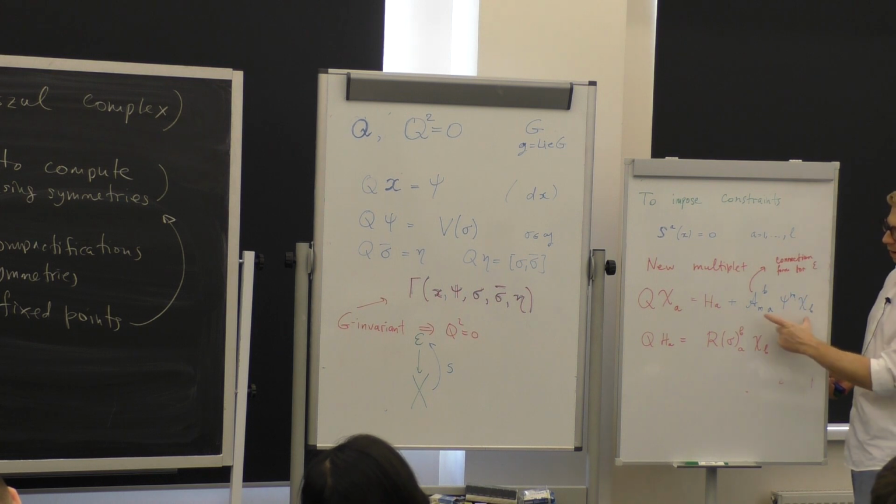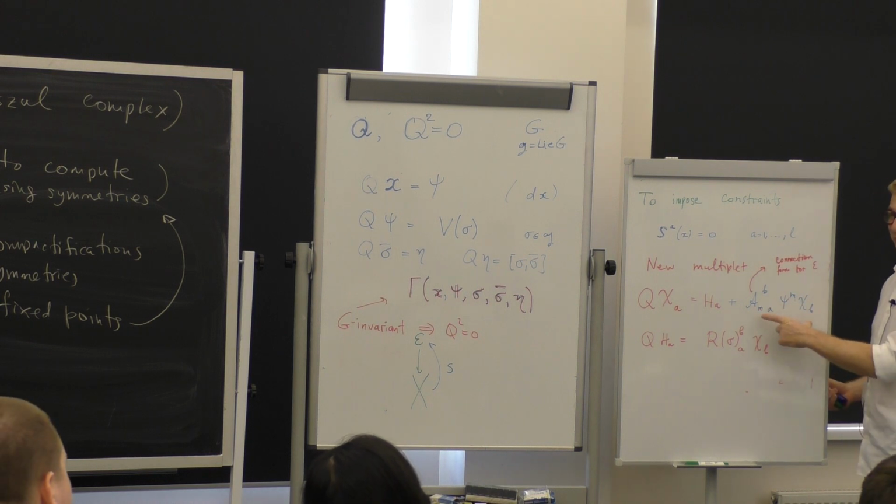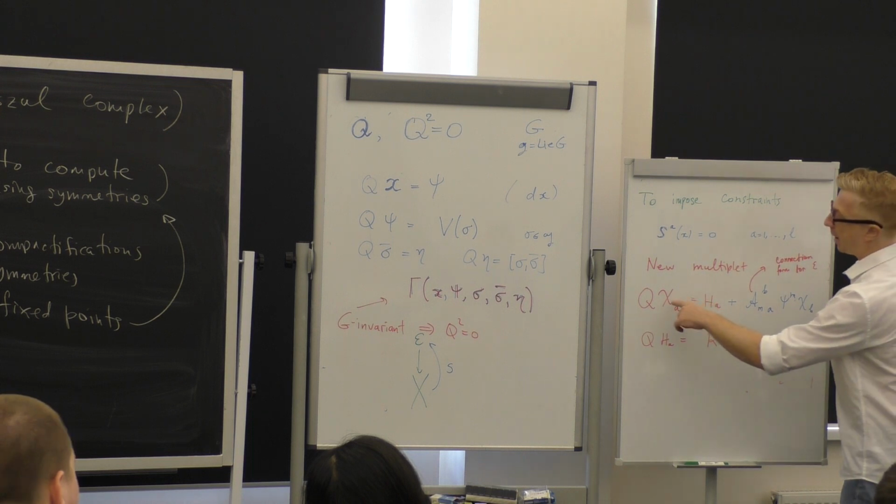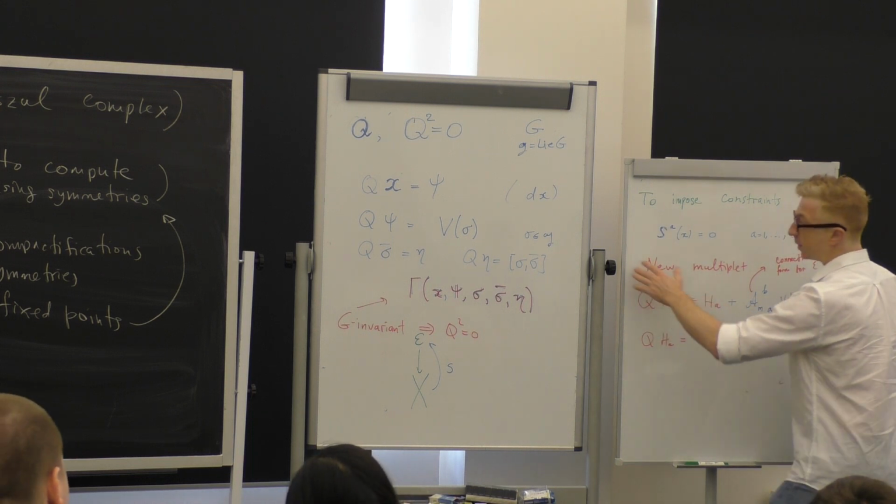You can understand why you need this correction term involving the connection term by thinking about trying to change coordinates.